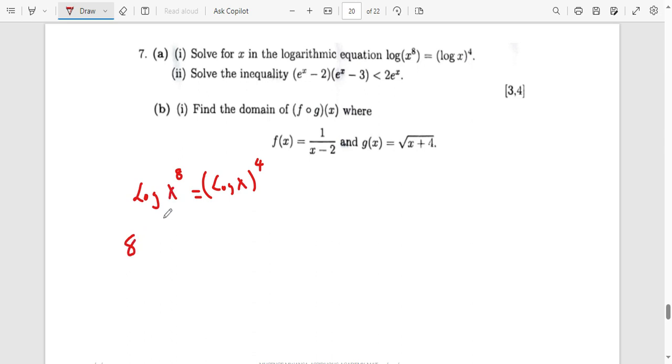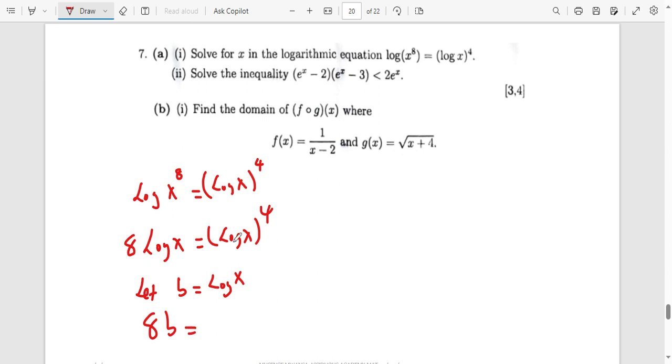So it becomes 8 log of x is equal to log of x to the power 4. I'll say let b be equal to log of x. So this becomes 8 where there's log of x, we'll put b, is equal to, where there's log of x, we'll put b, but that is raised to the power 4.